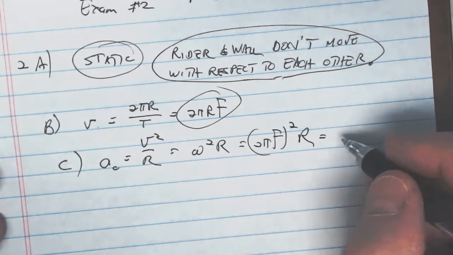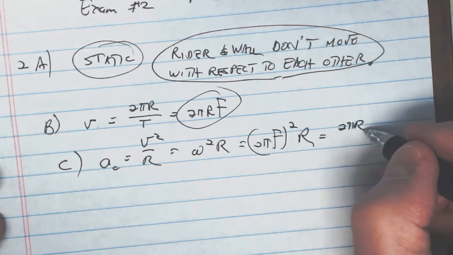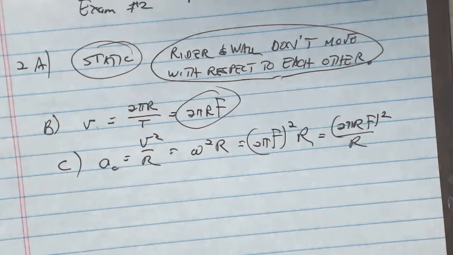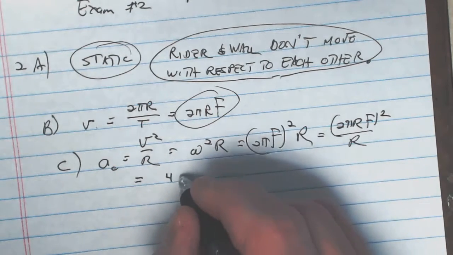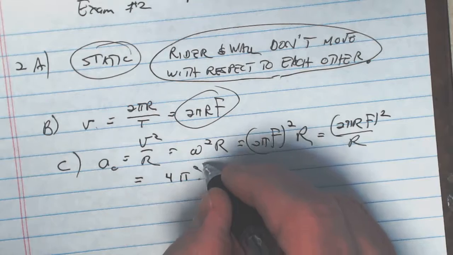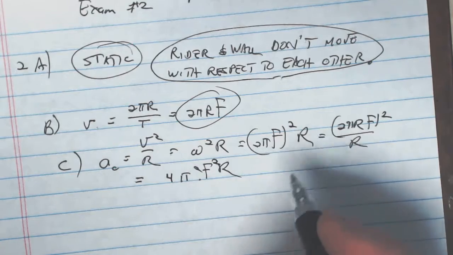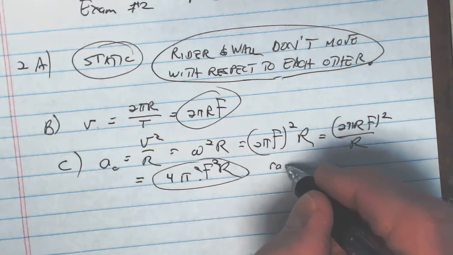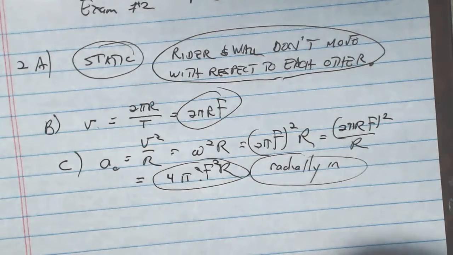So you can write it in various ways, such as 2 pi r f squared over r, whatever you like is fine. But in any case, you should end up with something in the form 4 pi squared f squared r as the magnitude, and the direction is just radially in. So that's C.